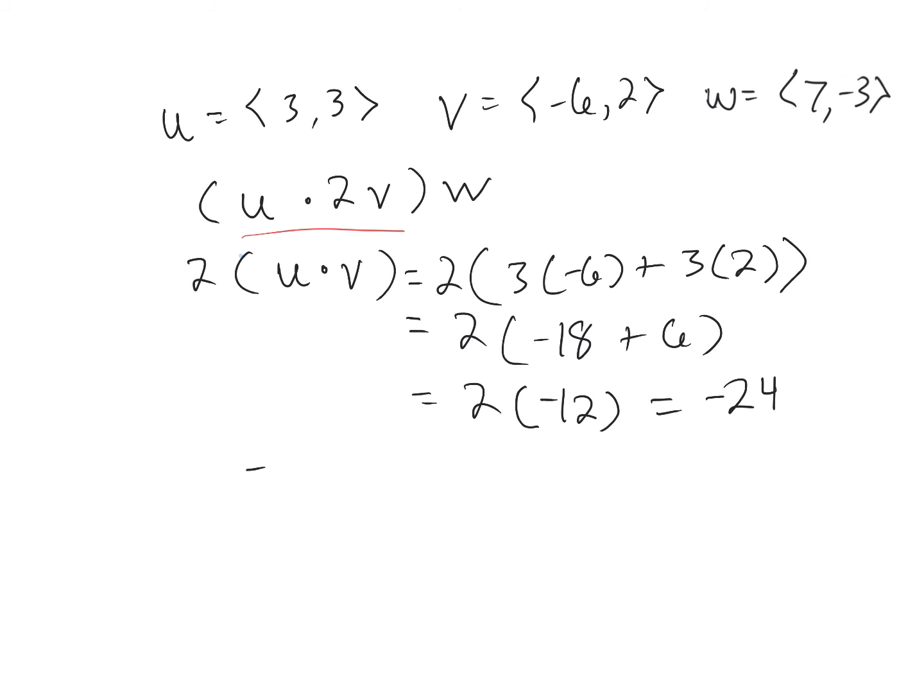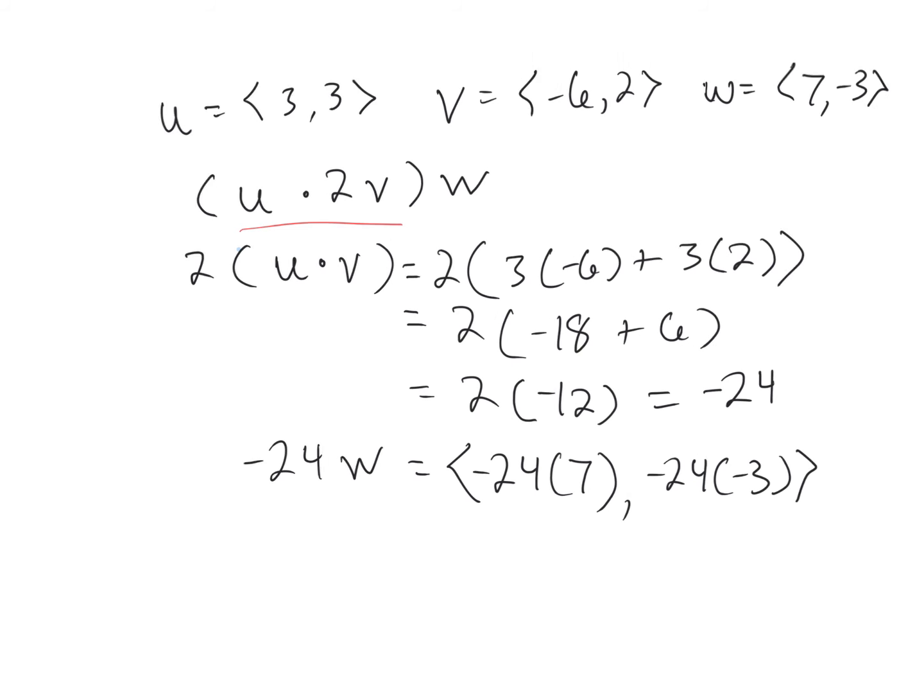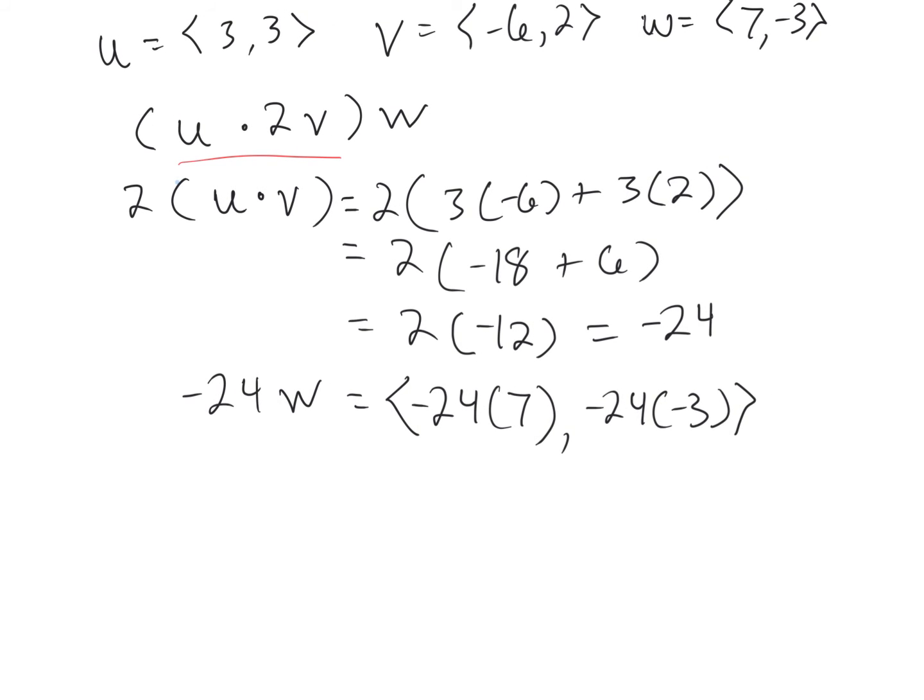If we rewrite that, that is now -24 times w. So now we just take -24 times the components of w, which is -24 times 7 and -24 times -3. If we end up with one singular number, it is a scalar.